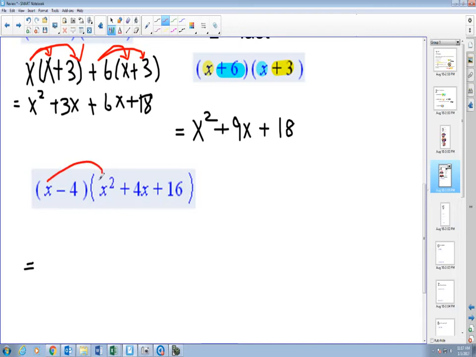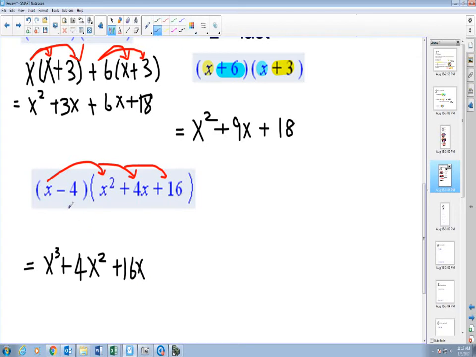All right, so x times x squared, positive 4x, positive 16. That will give me x to the 3rd plus 4x squared and plus 16x. Alright, that's it for x doing distribution.